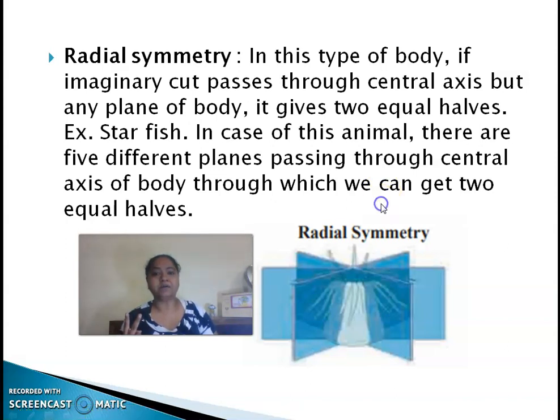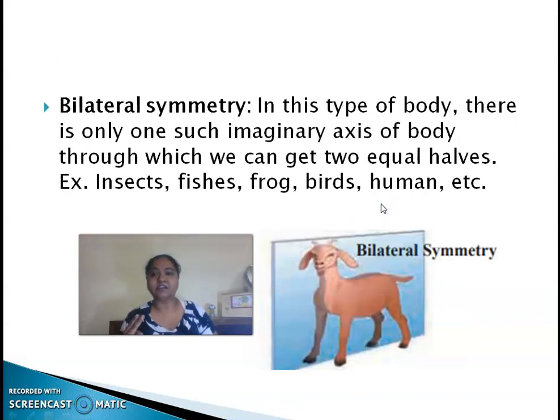The last type of symmetry is bilateral symmetry. In this type of body, there is only one imaginary axis through which the body can be divided into two equal halves. For example, in insects, fishes, frogs, birds, and even human beings.